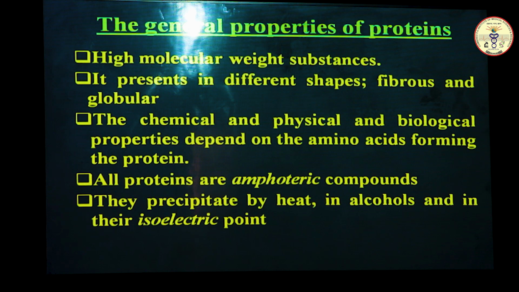Proteins are amphoteric compounds. They are present as the acid and the base in aqueous solution, and at isoelectric point they precipitate. What is the isoelectric point? At the neutral pH these proteins precipitate.